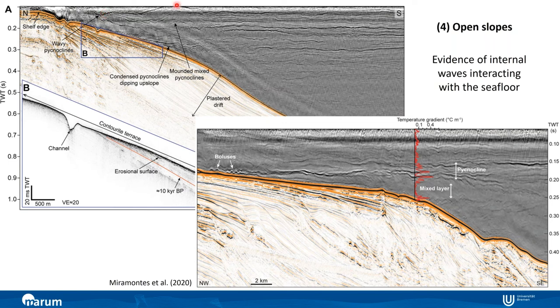We also had another profile where we had, at the same time, temperature measurements, and we could see that these high amplitude reflections correspond to zones where the temperature gradient is the highest. So we have a pycnocline here. And at this level, we could also see that when it interacts with the seafloor, we found these wavy reflections that correspond to boluses.